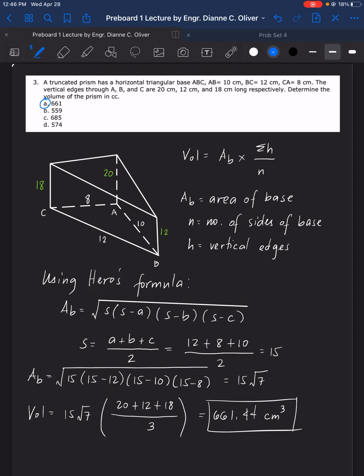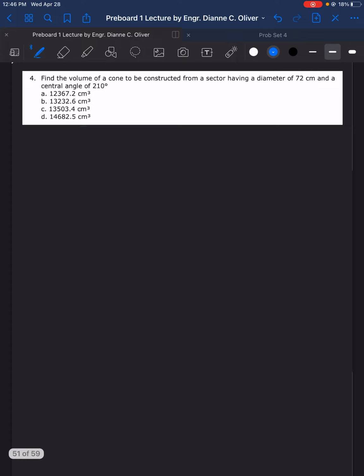Okay, so that's for number 3. Let's go to number 4. Find the volume of a cone to be constructed from a sector having a diameter of 72 centimeters and a central angle of 210 degrees.